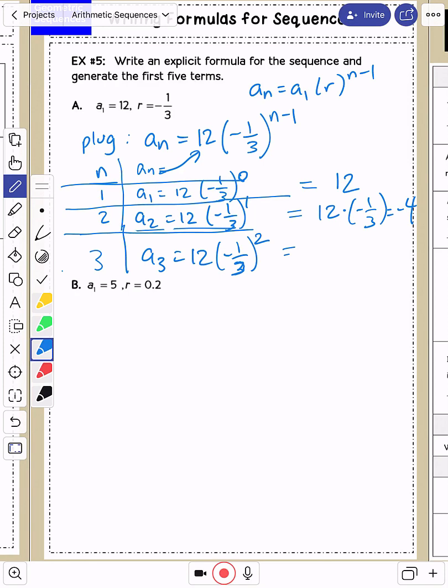After that, we have 12 times minus 1 divided by 3 raised to the second power. So that was equal to 1.333 repeating. All right, we're going to leave the next one for you to do.